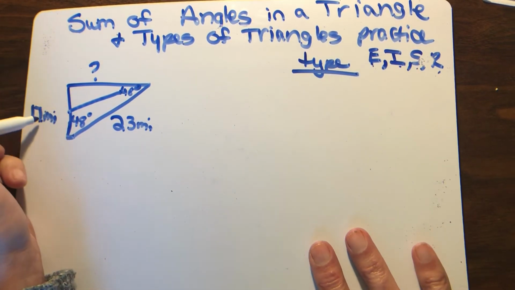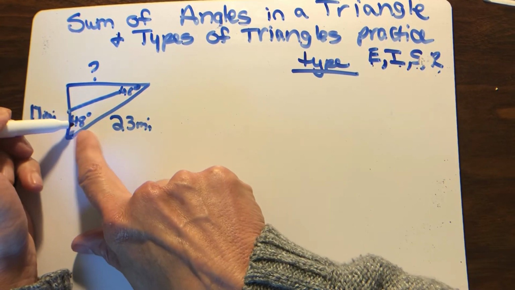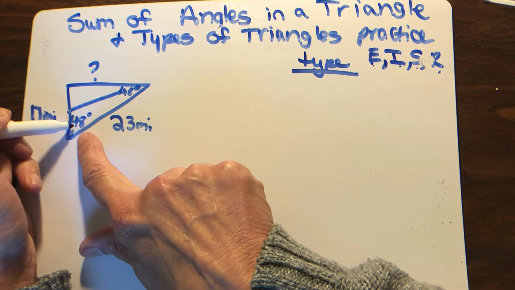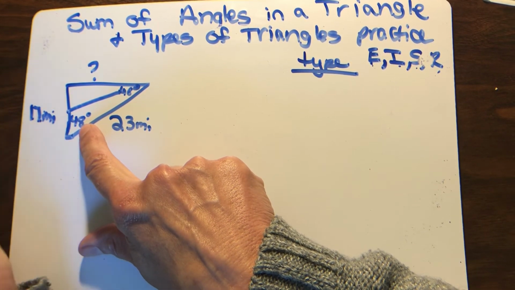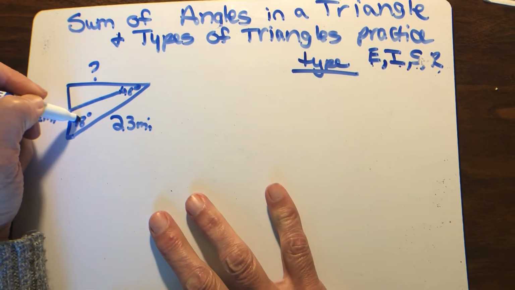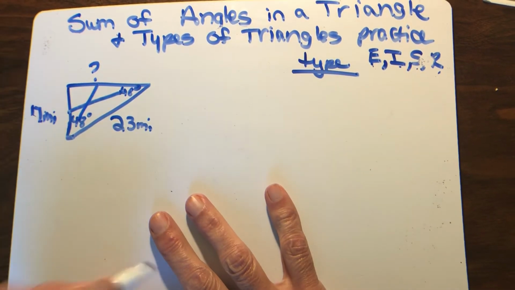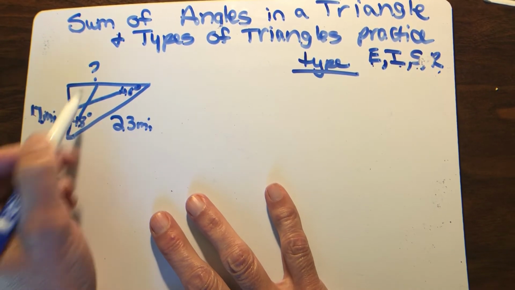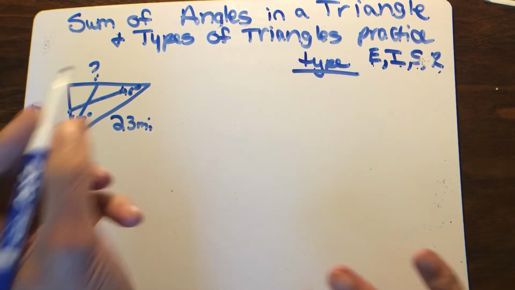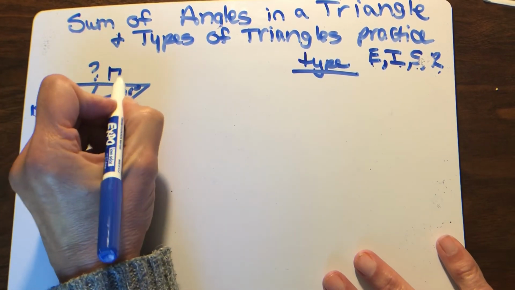So common sense would tell you that if you have another angle that's the exact same measurement, then the opposite side to that same measurement would be the same length of the side. So when you use your little bottle rocket thing from that one, then if that opposite is 17, then what's that going to be? 17. So your missing side is 17 miles.